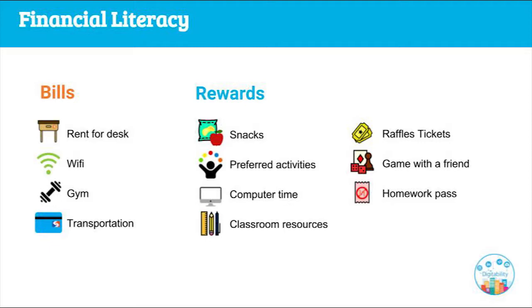They can also purchase rewards like snacks, preferred activities, computer time, classroom resources, raffle tickets, games with a friend, or a homework pass. Working with the classroom teacher and the Digitability team, we'll be able to brainstorm appropriate rewards for how students can spend their earnings.